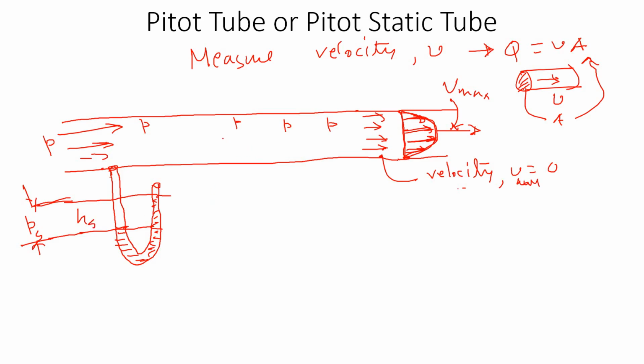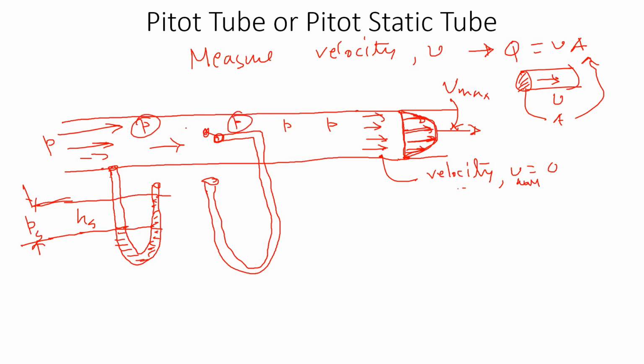Now, if I have another manometer, let's say set up a manometer like this, connected in the middle like that. So I have a manometer here, flow is coming this way. Now at this point, I have both the fluid pressure inside the tube and also velocity. So I'll have more displacement of the manometer fluid.